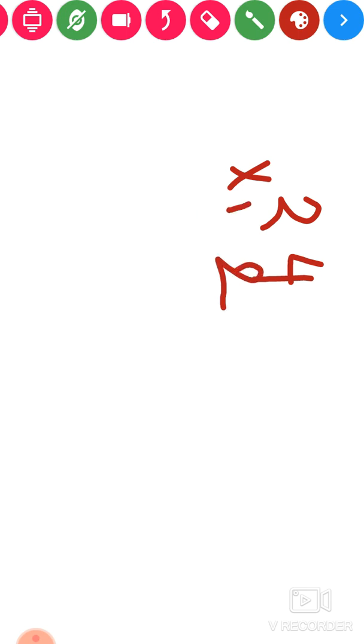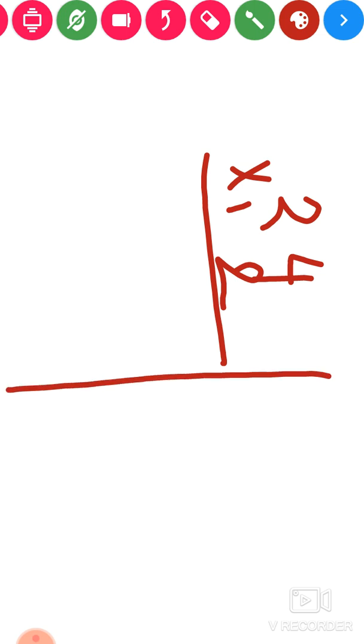So 24 multiplied with 12. Here we have to multiply 24 with 12. Let us see what we will get. If we multiply 24 with 12, what will we do?